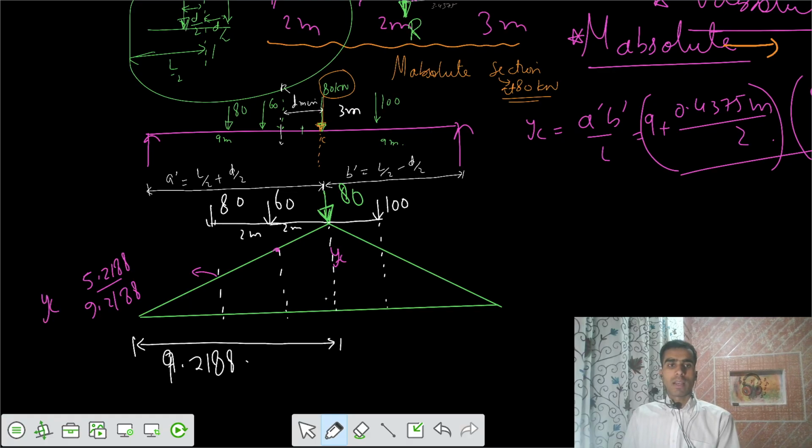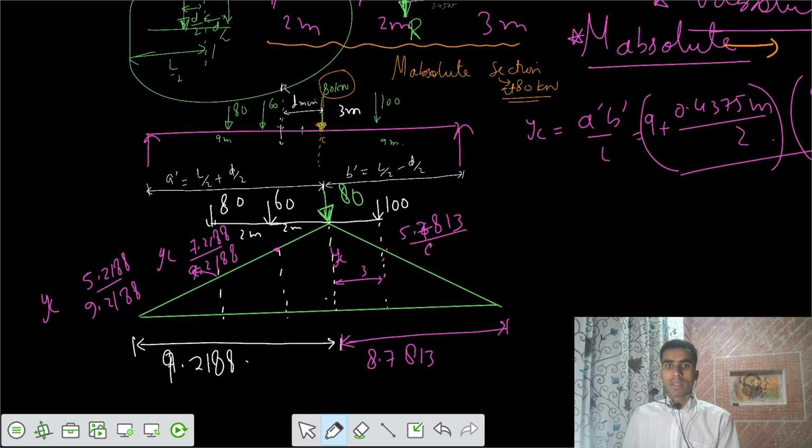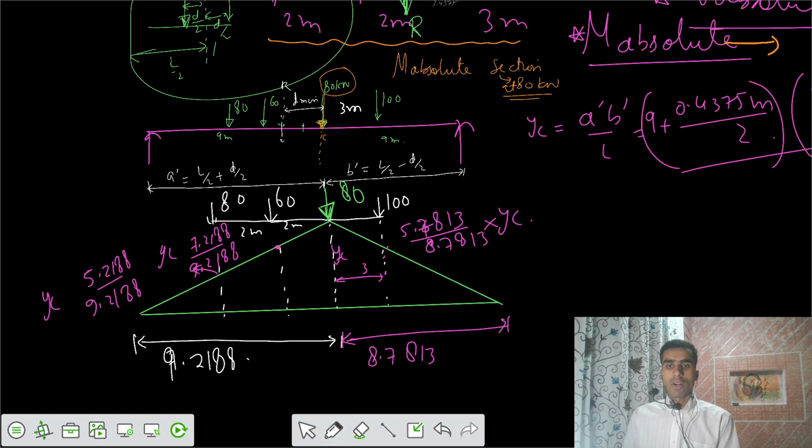Similarly, this one is 7.2188 divided by 9.2188 into YC. And from this side, this is 3 meter length, and B dash was equal to 8.7813, and this ordinate would be 5.7813 divided by 8.7813 into YC. So you can get the ordinates.